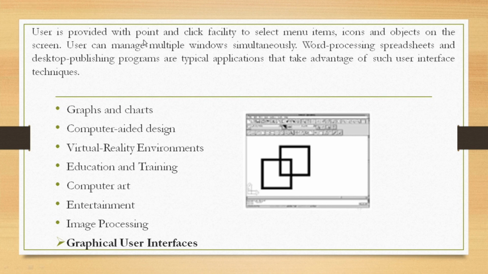The user can manage multiple windows simultaneously. A particular graphical interface or GUI will be such that the user can manage multiple windows simultaneously. Then we have word processing, spreadsheets, and desktop publishing programs, which are typical applications that take advantage of such user interface techniques.